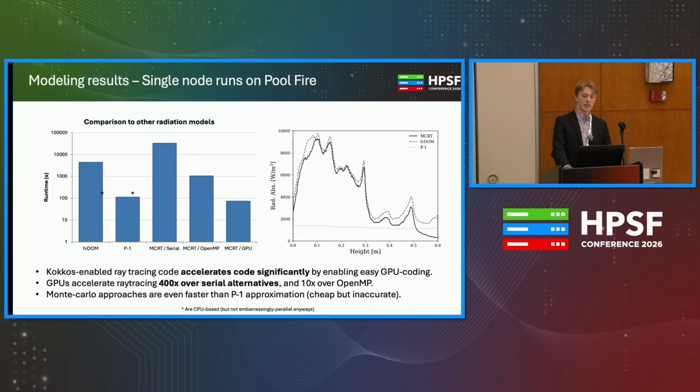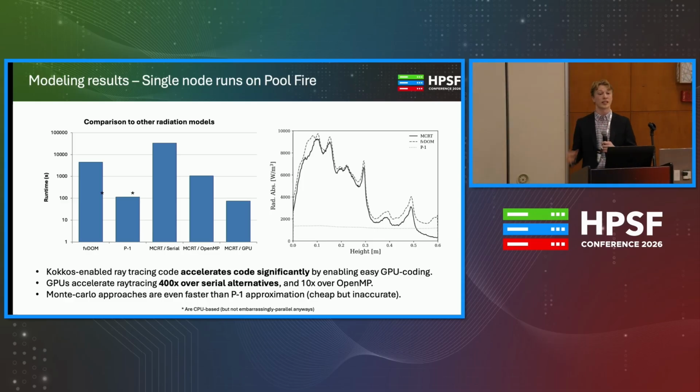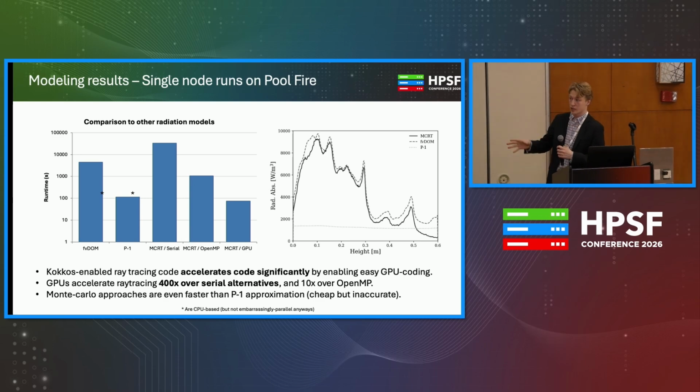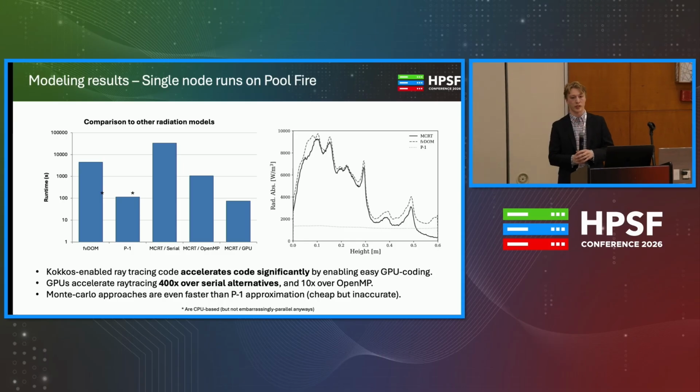And so in simulating the radiation for this code, we were able to get drastic speedups over the existing approaches already embedded in OpenFOAM for the discrete ordinates method and P1, which are just different radiation solvers, less accurate, in fact, than the Monte Carlo approach. The reason that they're preferred sometimes is because they're supposed to be computationally cheaper.